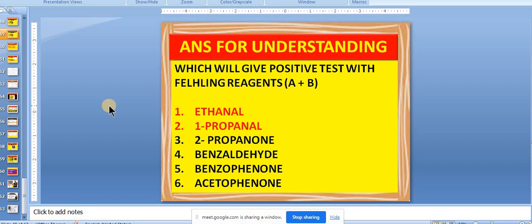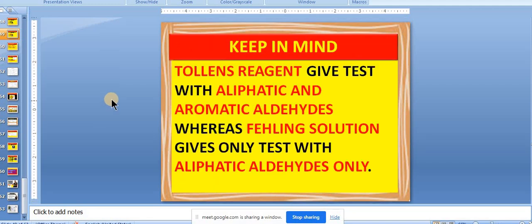For example, ethanol and propanol, they are giving the test. Very good. So it means you are getting the proper idea. Now we have to keep in mind, Tollen's reagent gives test with aliphatic and aromatic aldehyde, whereas Fehling solution gives test only with aliphatic aldehydes. This is the key point we need to keep in mind.